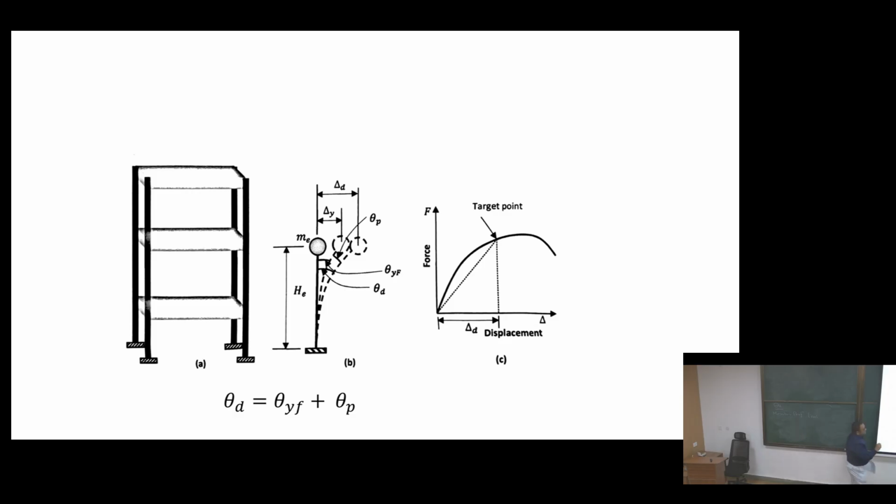But what Dr. Chaudhary did was he defined this gap between your yield and your displacement as theta P, or as maybe the plastic deformation or the member performance level criteria. So our theta D is a sum of theta YF and theta P, which is associated with the plastic deformation of the member itself.